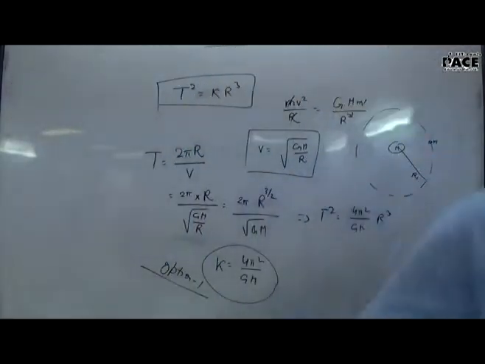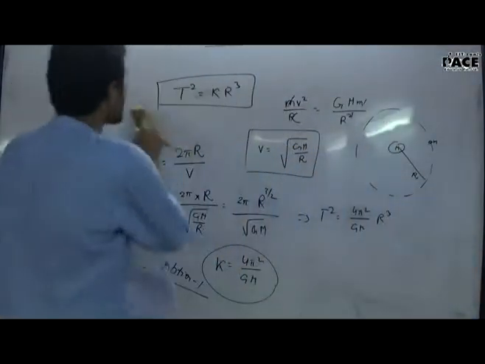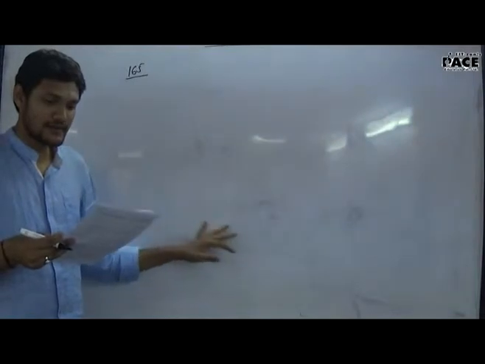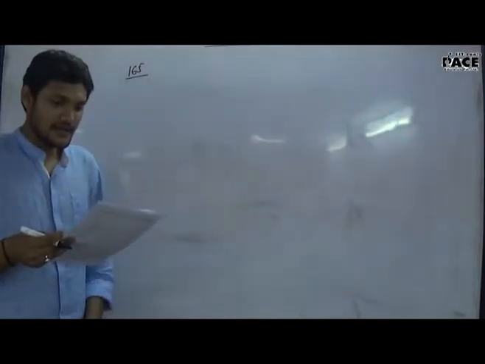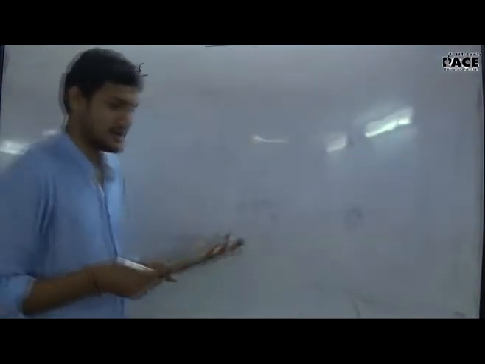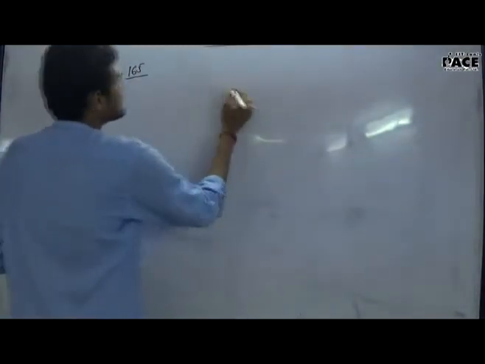Now let's move on to question number 165. A block of mass 10 kg moving along its direction with a constant speed is subjected to a retarding force of this much. Find the change in kinetic energy. Okay, this is a fairly easy question.